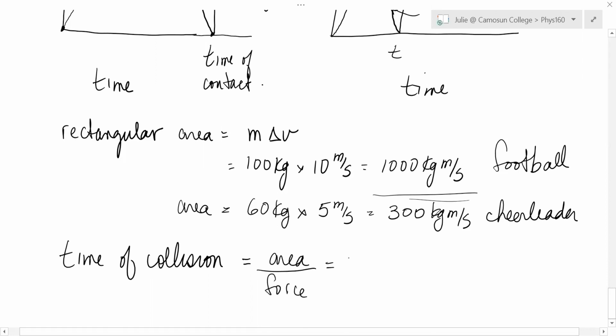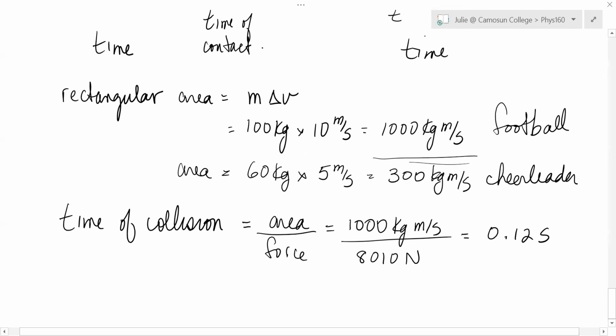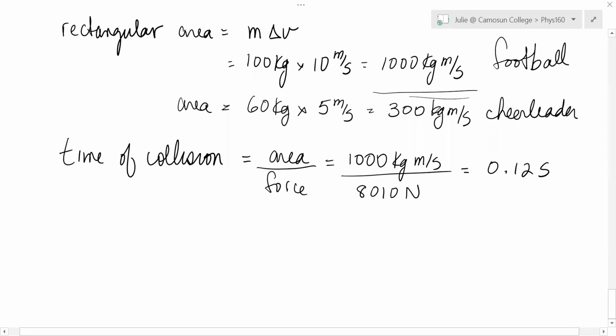And so for the football player, that would be 1,000 kilogram meters per second divided by the 8,010 newtons, which is a kilogram meter per second squared. This unit's going to come out in seconds. That's 0.12 seconds. And that's a fairly long time, actually, for a collision. That wasn't a very violent collision; he kind of sailed along with that dummy on his chest. So this is for the football player.